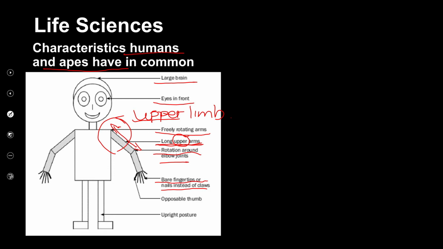And then the next thing on our upper limb that we have a look at is our opposable thumb. Opposable means that if you have a look at your hand, your fingers face in this direction and your thumb in a different direction, and it works opposite to your fingers. So we don't have a thumb that's going to work in the same direction, or the fifth digit placed next to your other fingers.